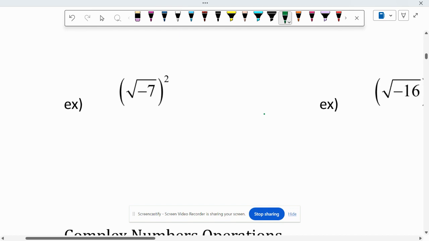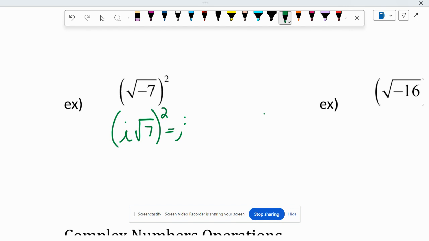Well, it's going to be i times the square root of 7 squared, which equals i times the square root of 7 times i times the square root of 7. But the square root of 7 times the square root of 7 is?